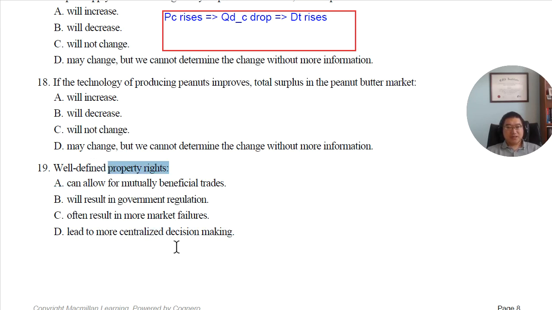It will sabotage or hurt property rights, invade property rights, not protect property rights. So with well-defined property rights, you can let people make decentralized decisions and conduct mutually beneficial trades. That's what economics tells us, and actually what economic history tells us.